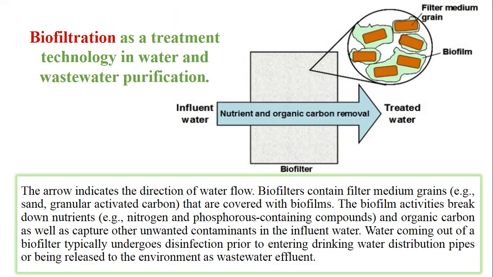The biofilm activities break down nutrients, for example nitrogen and phosphorus containing compounds, and organic carbon, as well as capture other unwanted contaminants in the influent water. Water coming out of a biofilter typically undergoes disinfection prior to entering drinking water distribution pipes or being released to the environment as wastewater effluent.